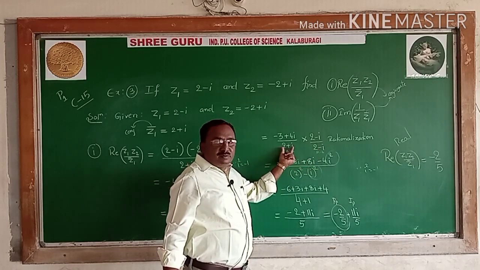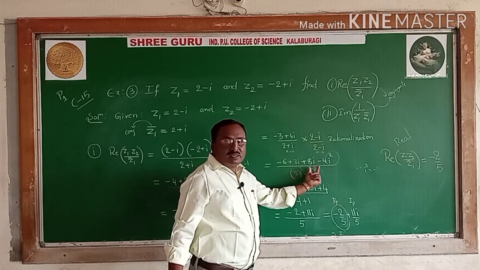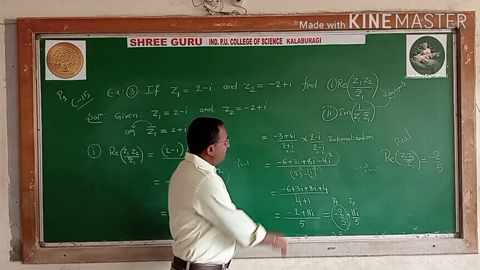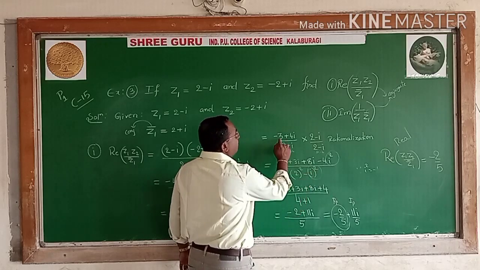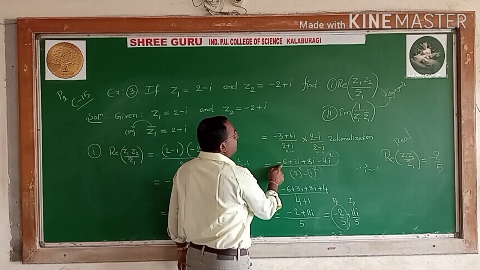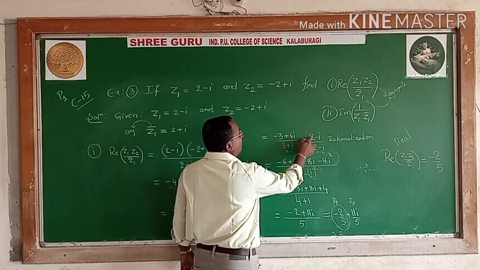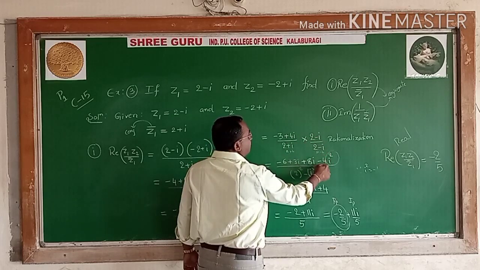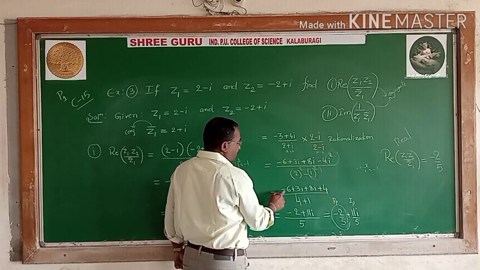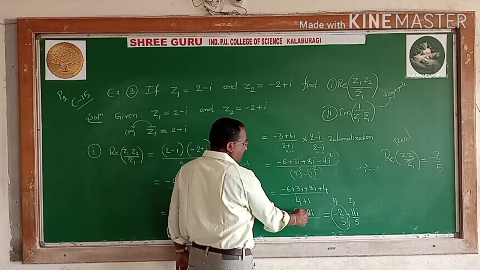Denominator a plus b, a minus b formula is a square minus b square: 2 square is 4, i square is minus 1, minus minus plus, giving 5. Numerator: minus 6 plus 3i plus 8i plus 4 i square, which is minus 4. Minus 6 plus 4 is minus 2, and 3i plus 8i is 11i.